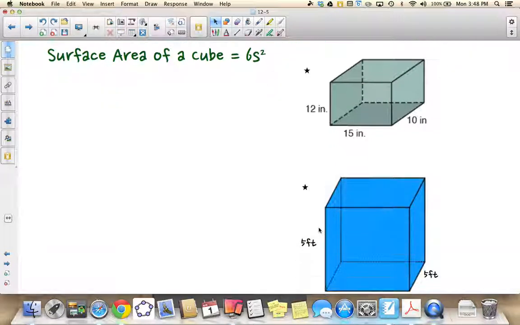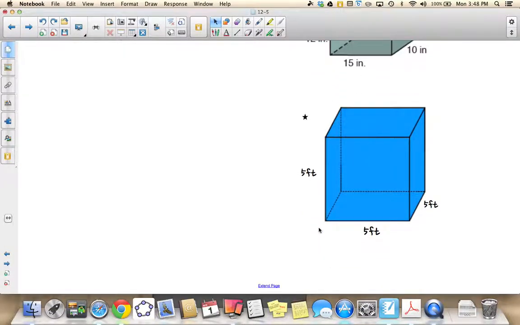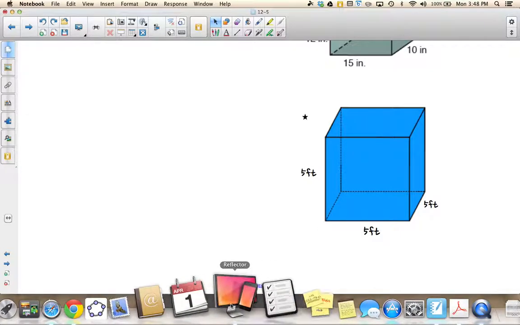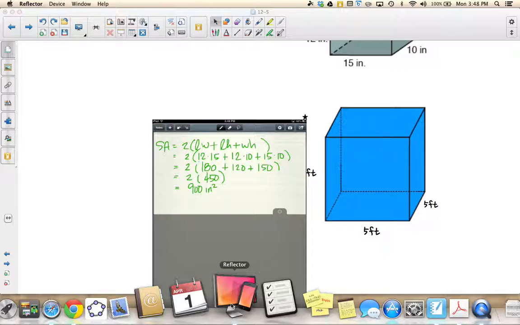Next one, let's look at our cube, which has a side of 5 feet. That means the surface area of my cube is equal to 6s squared, and s is equal to 5.